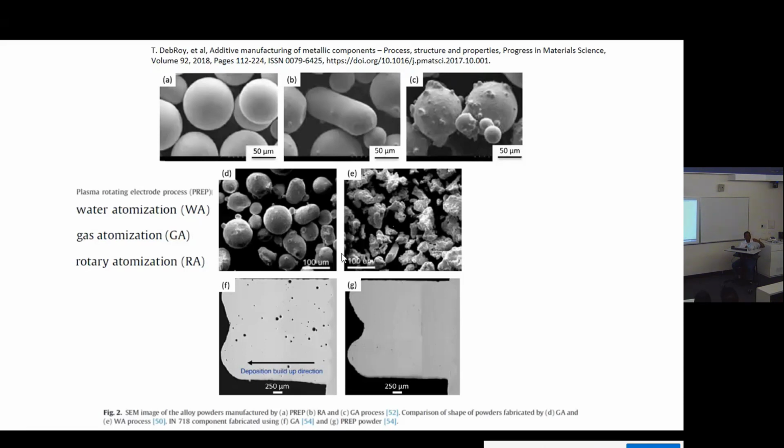That means the gas can hit the surface and produce greater force on the powder, so it can produce a bonding between the substrate and the powder. I think that's the theory, right? Yeah.